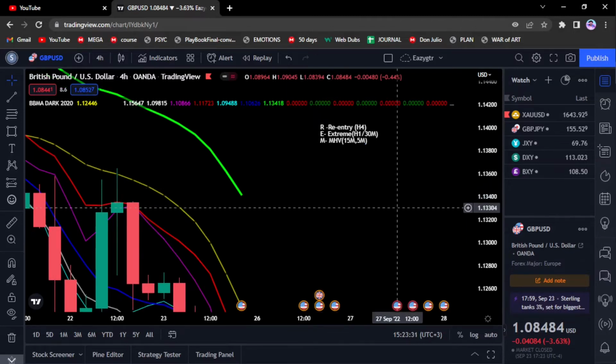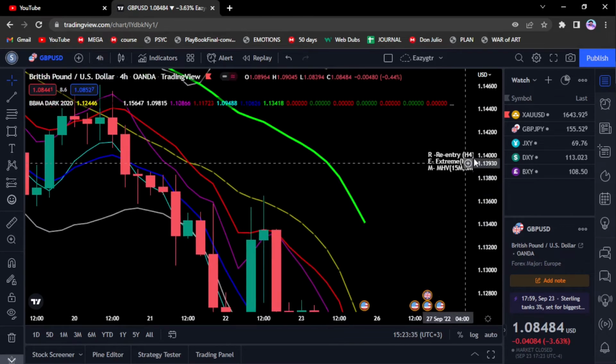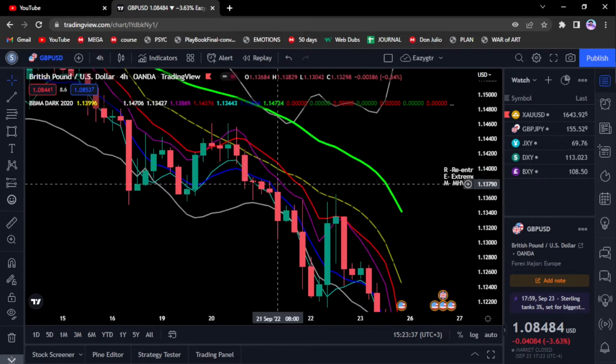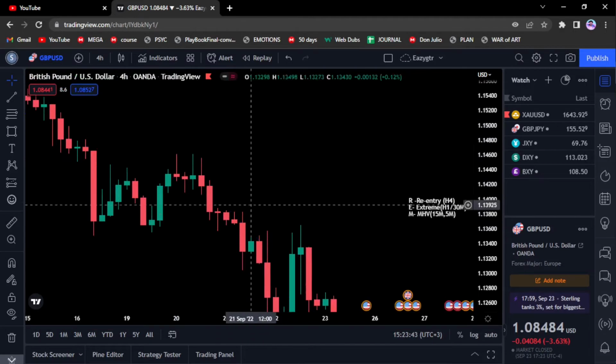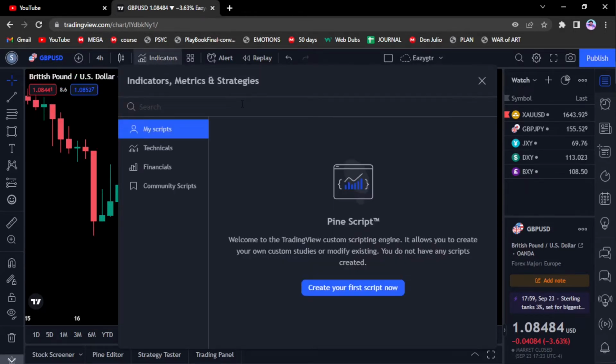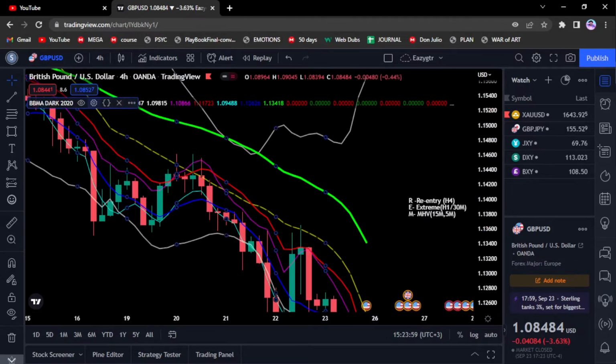So let's begin. I'm on the H4 time frame. I know you're wondering how I got my charts to look like this. Very simple. Instead of going through the trouble of adding all those indicators by yourself, and TradingView also doesn't allow you to add more than 3 indicators, search BBMA and take BBMA OMAH light theme by Lycos. Tap there, then you can have your settings exactly as mine.